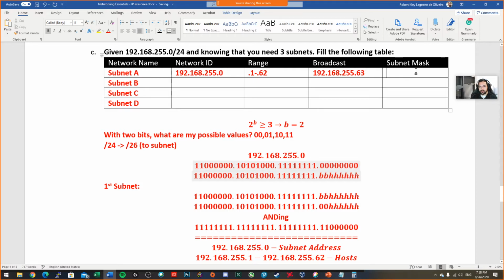And what's the subnet mask? 255.255.255 dot, 128 plus 64. Just give me the slash notation, guys. Yeah, it's all /26. Good. Slash 26. That's all you need, right? Just getting things done.